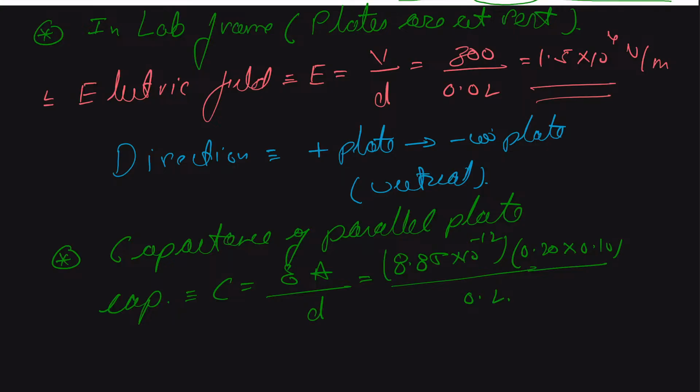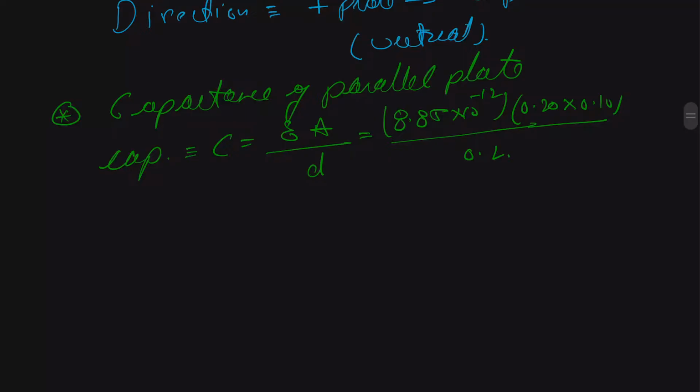Therefore we get that the capacitance C will be equal to 8.85 times 10 to the power minus 12 farads.